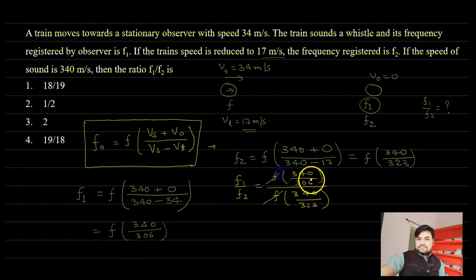Now all the same terms will be cancelled out, so this will become 323 divided by 306.